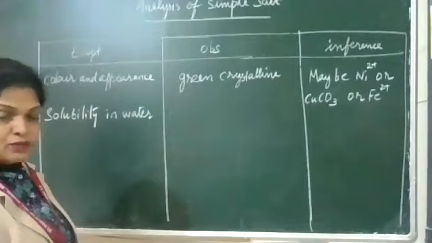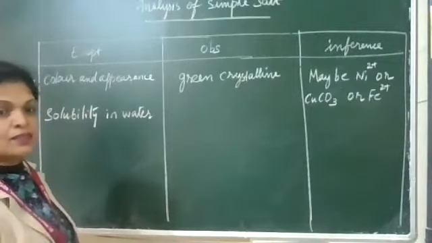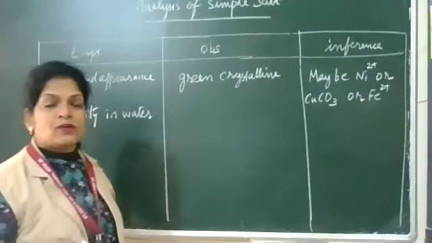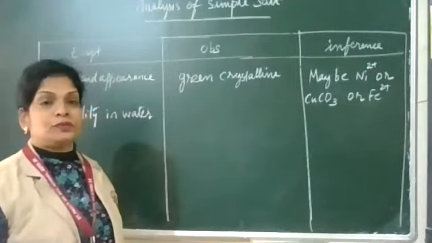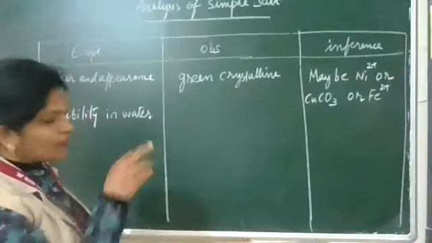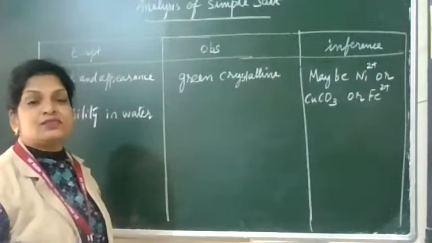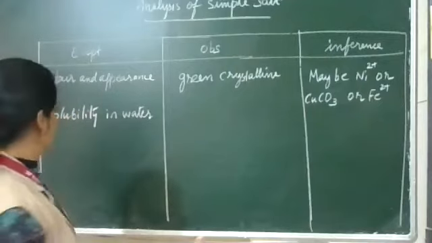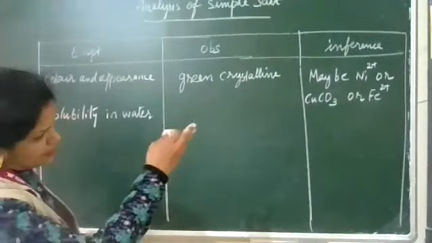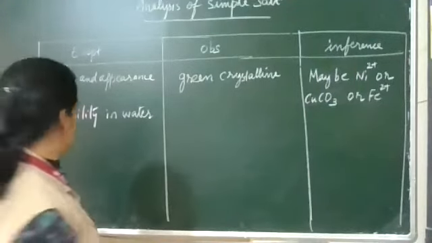But for class 12, only soluble salts should be given. So copper carbonate will not be given to you because it is not soluble in water. So solubility in water, we are writing the possibilities over here.